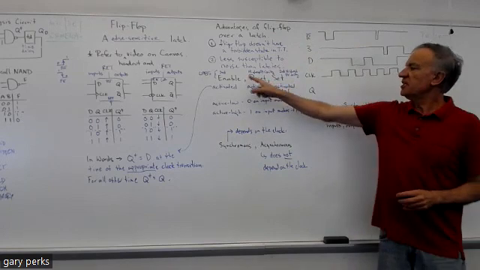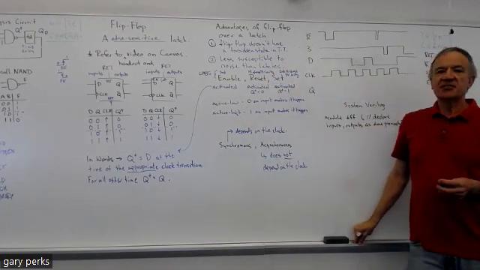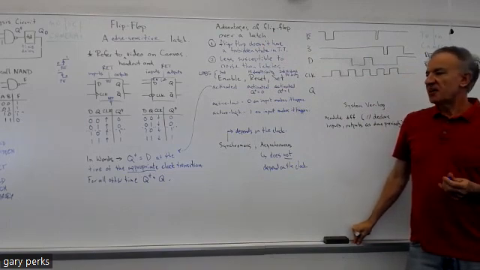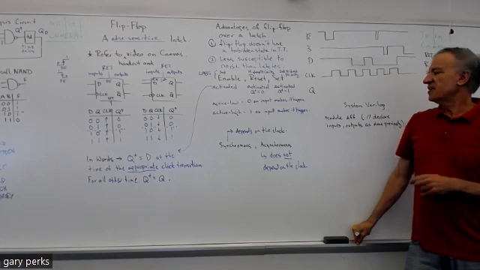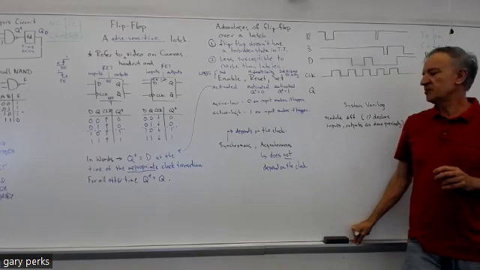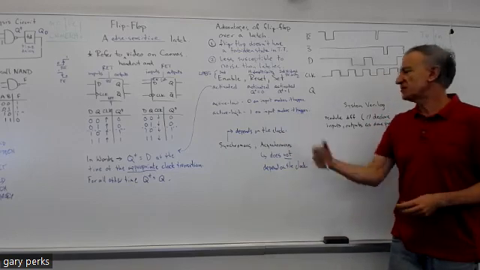Okay, so each one of these inputs, enable, reset, set, can either be synchronous or asynchronous. If they're synchronous, they depend on the clock. Asynchronous, they don't. And I think the best way to show the difference is in a timing diagram. But this is the different definition, right? One depends on the clock, one doesn't.